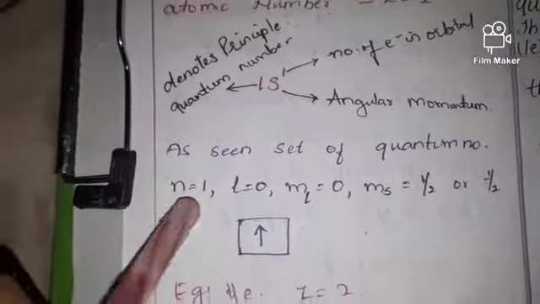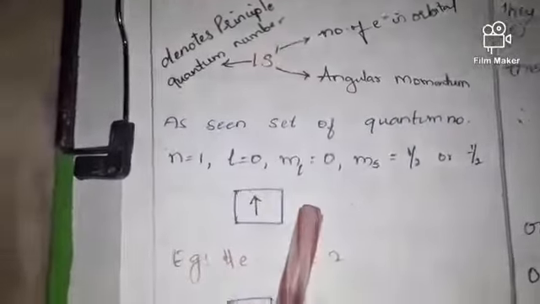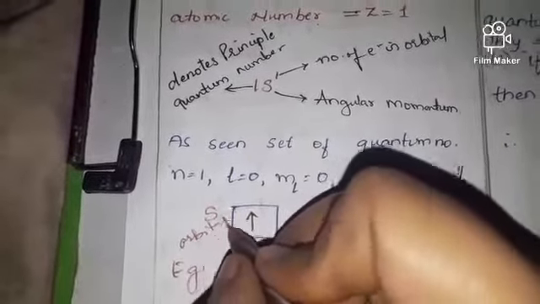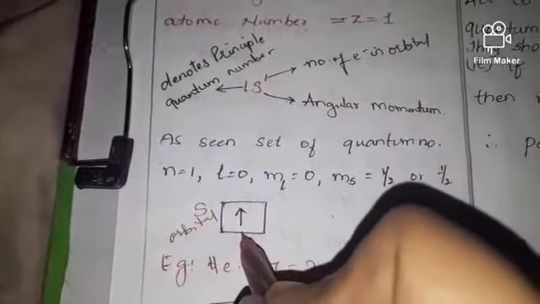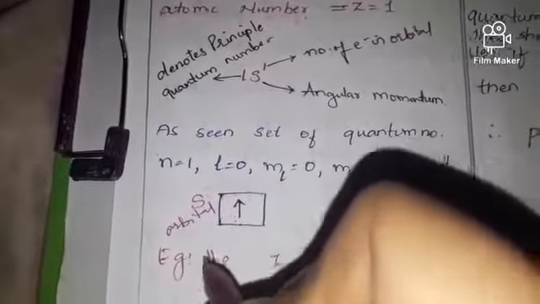We have already learned that n is equal to 1, so we substitute the numbers in the equation and write the answer. Here we have only 1 electron, so when substituting, we see only 1 electron in the s orbital. So we give it as 1 spin.